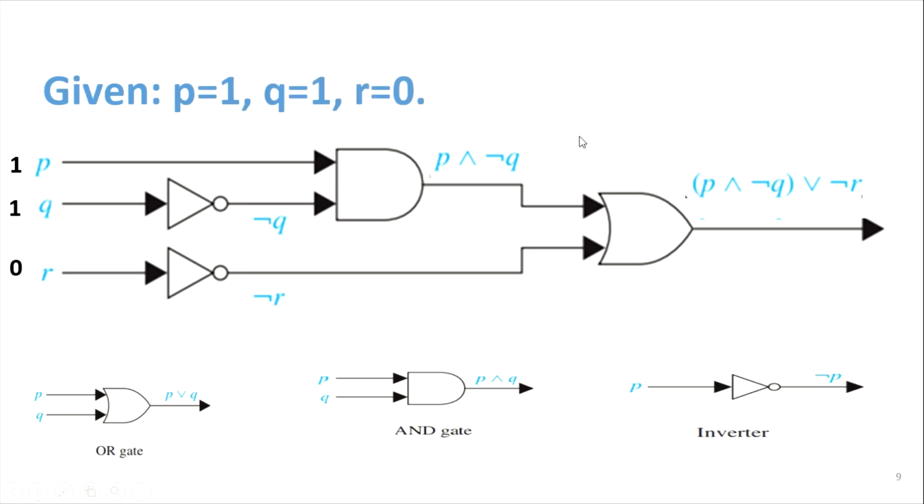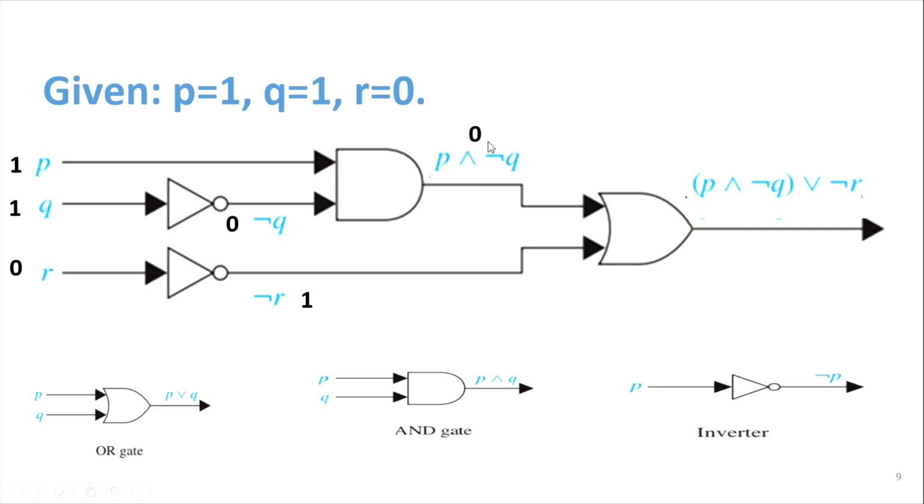Now what if we have these values: 1, 1, 0. Not Q: 1 will become 0, or off, and this 0 will become 1. Now for this gate, P and not Q, we have 1 and 0, so this is 0.